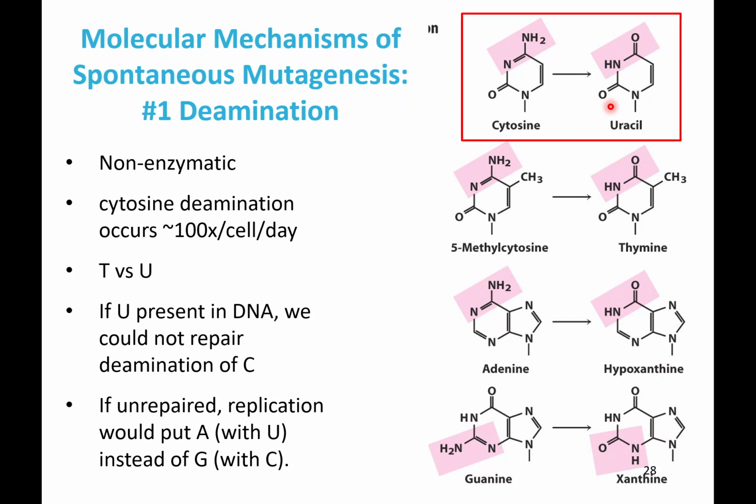Okay, there'd be no way to know: is that U really supposed to be there, or was that a deamination of cytosine? Okay, so that's an important thing to point out.